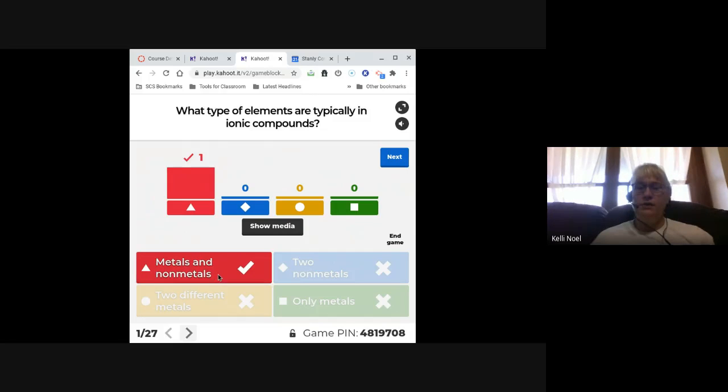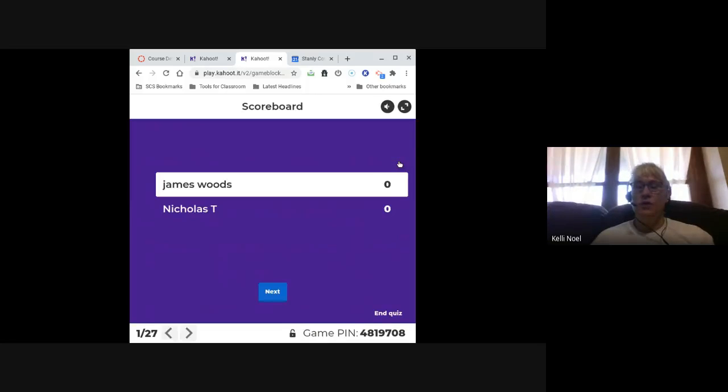And if you listen to one of the lessons I put up, in place of a non-metal, sometimes you will have what is called a polyatomic ion, but it's going to be two non-metals that are together. So a metal and a non-metal. Very important to know that piece.